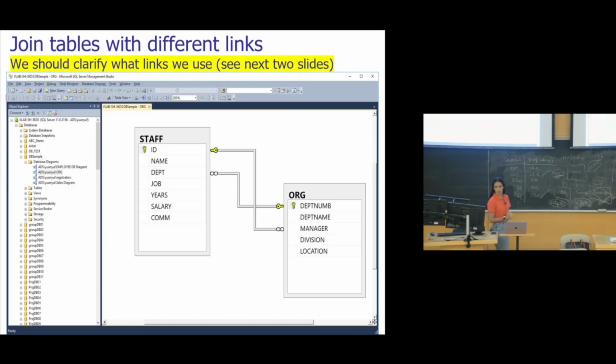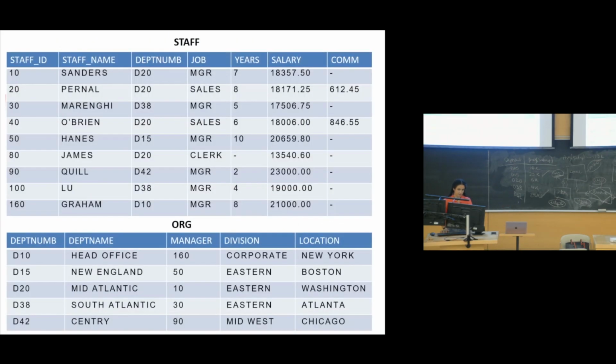So I mentioned in the staff and organization tables, we have two common attributes. One is the foreign key as usual, which is the department number. The other way you can join these two tables is through the staff ID, manager ID, which are basically the same. So I want to show you what the difference is and how it affects the result.